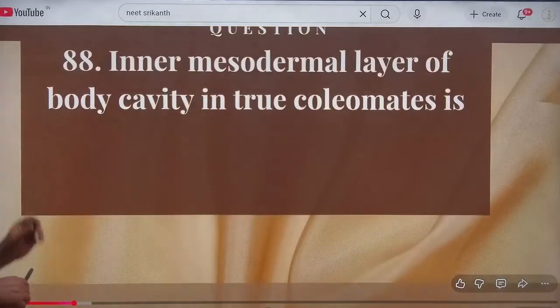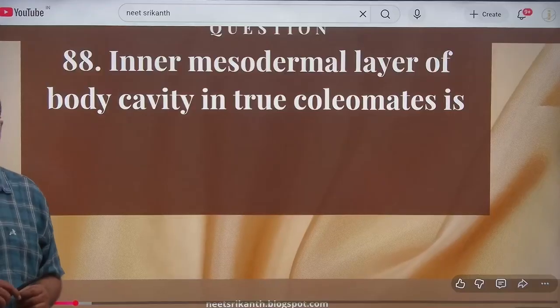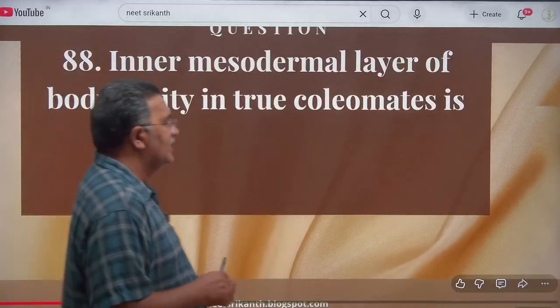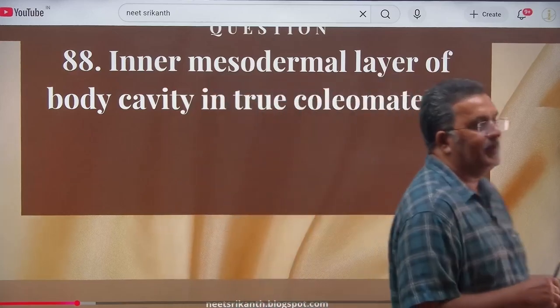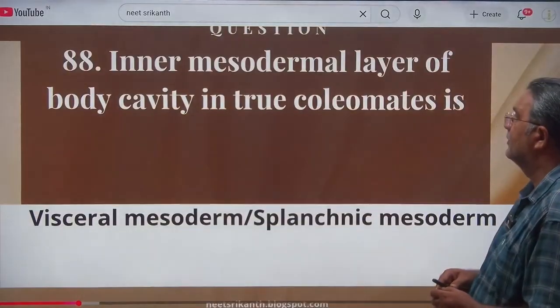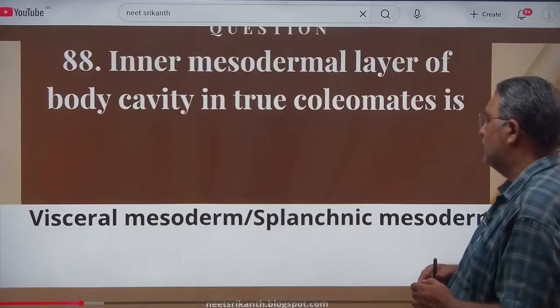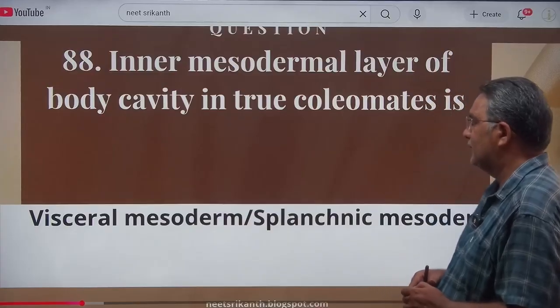What is the inner mesodermal layer of the body cavity in true coelomates? Visceral or splanchnic mesoderm. The inner mesodermal layer of the body cavity in true coelomates is visceral or splanchnic mesoderm.